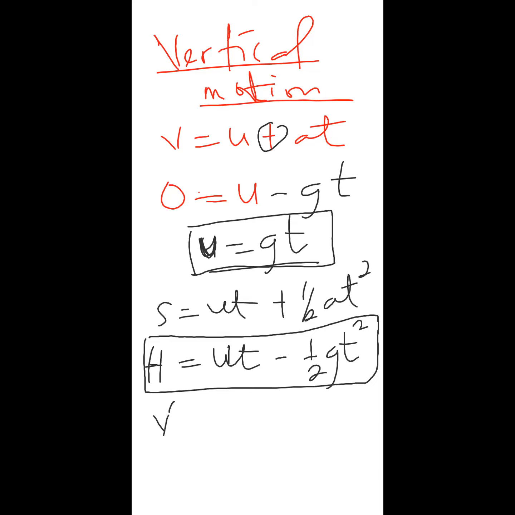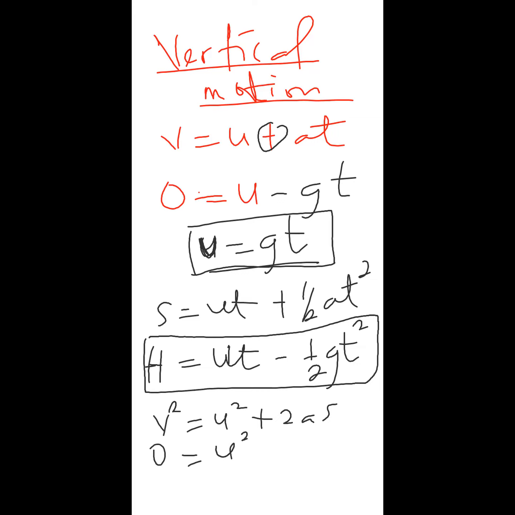V squared is equal to U squared plus 2AS. Your distance, which is S, will turn to H. So V squared becomes zero, because at the highest point, velocity is zero. So you have zero is equal to U squared.